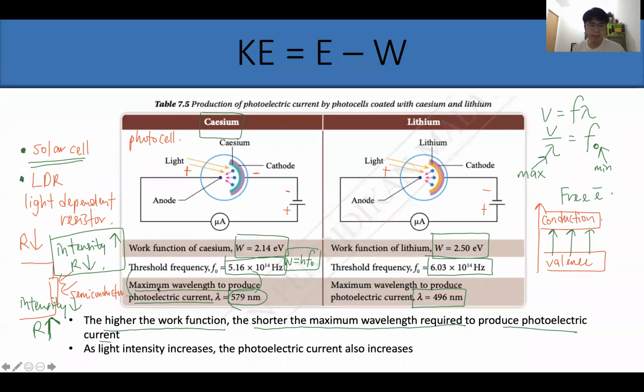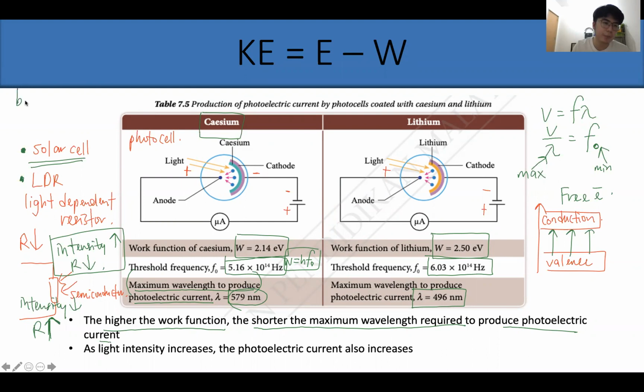What about the light intensity? If I increase the brightness, okay, intensity is brightness, what does it mean? Do I increase the energy? No, because the particle theory does not say that brightness is energy. That is from the wave theory.